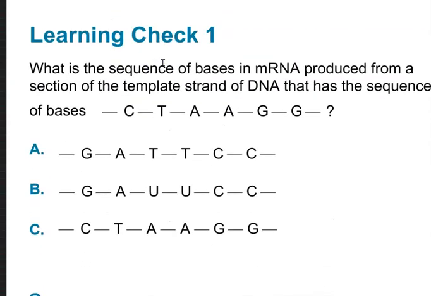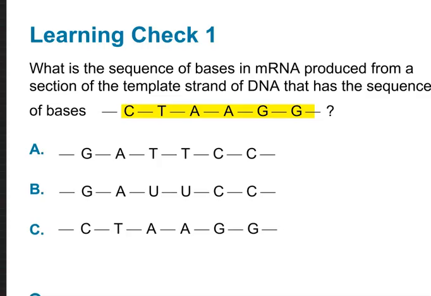Okay. Now, if we have a template strand with that sequence, we're not going to pick A, B, or C. We're just going to write down the strand. Am I making sense?